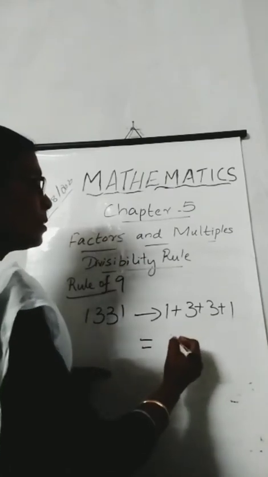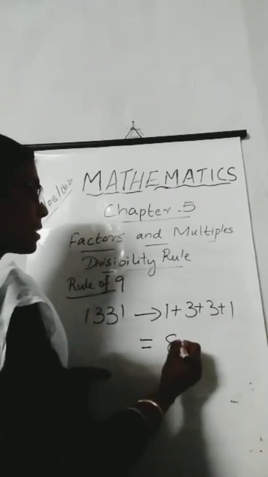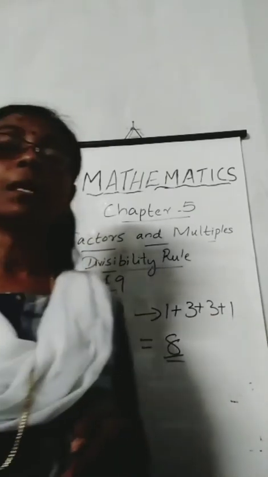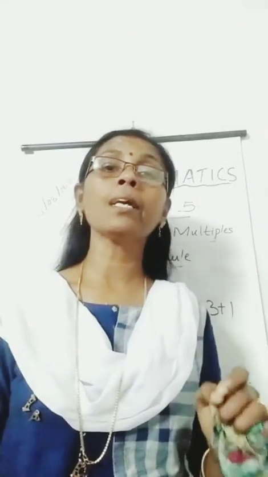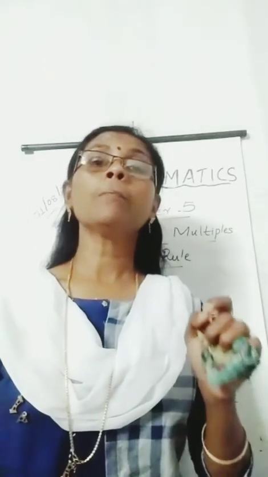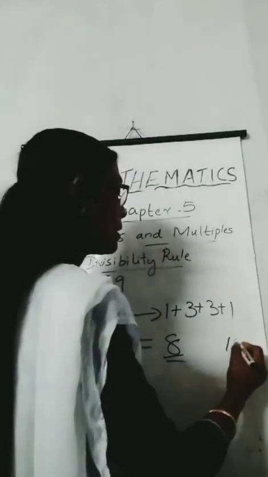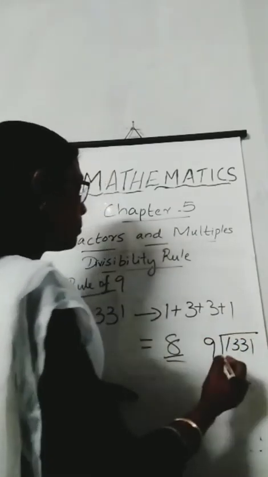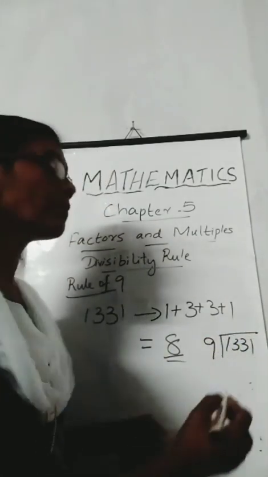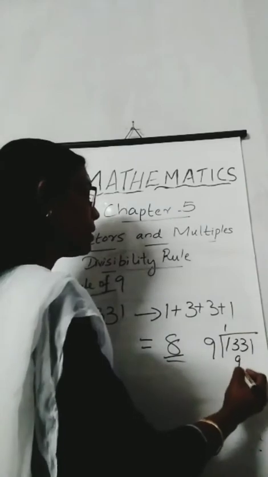What does it give? It gives 8. And we know that 8 is not a multiple of 9. So 1331 is not divisible by 9. So let us check by the long division method. 1331 divided by 9. 1 9s are 9.